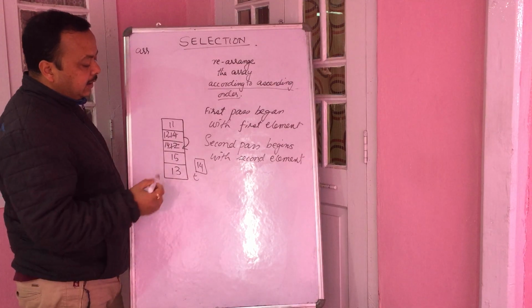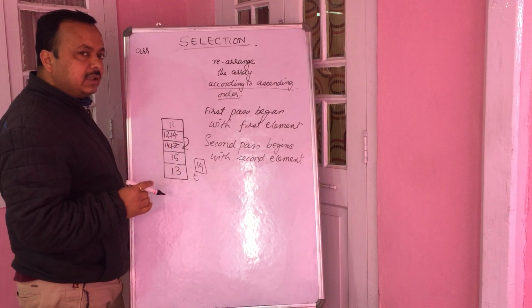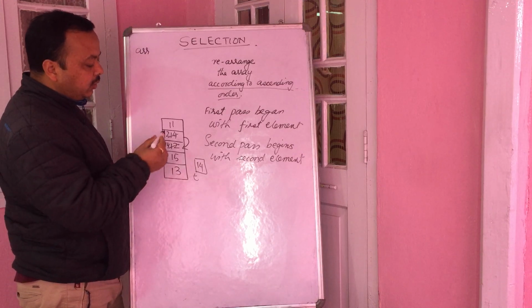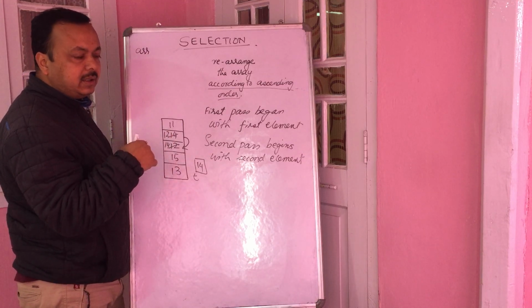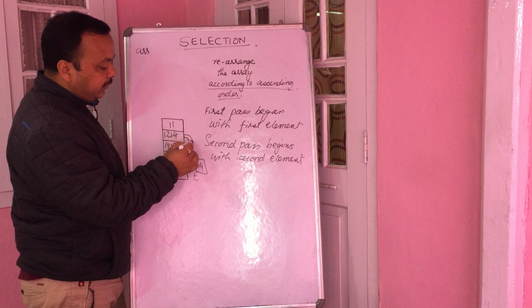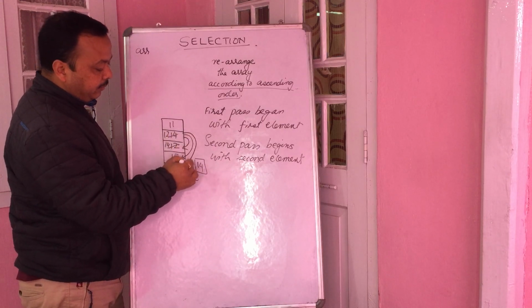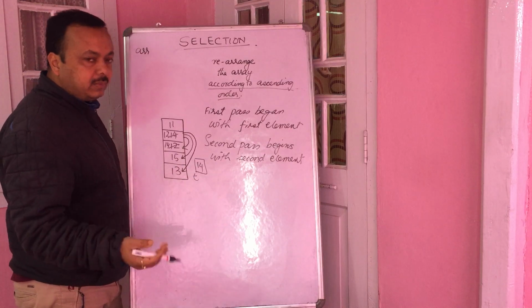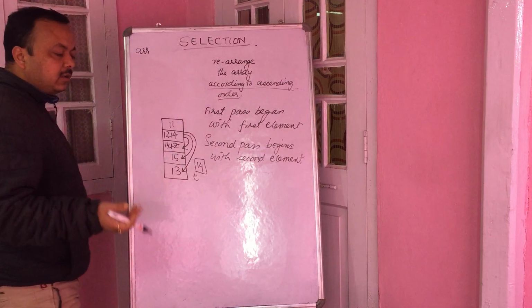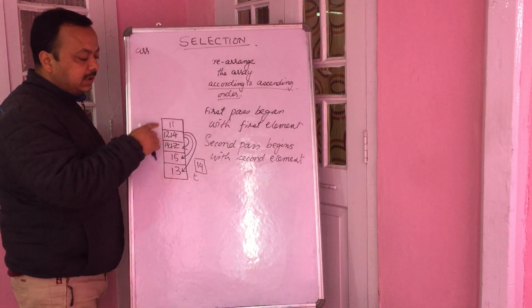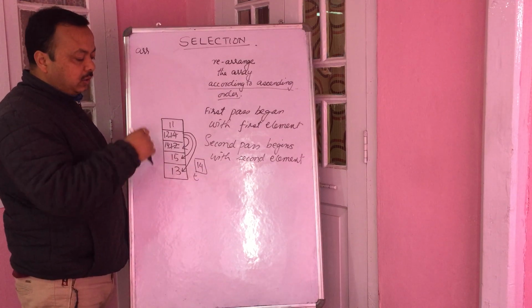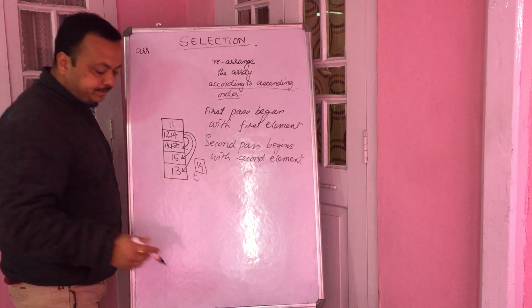Watch carefully that no more comparisons will succeed here, because 12 is the second smallest element in the array. So 12 compared with 15 is not bigger. 12 compared with 13 is also not bigger. So just one successful comparison took place in the second pass.